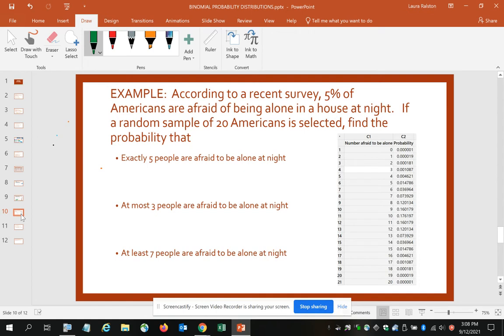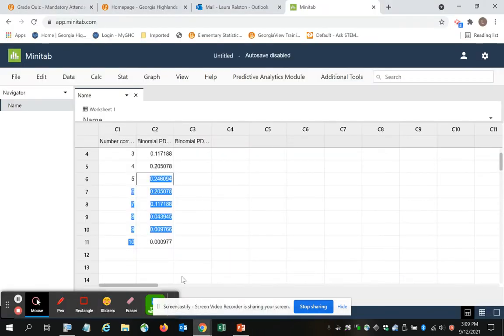All right, this one says, according to a recent survey, 5% of Americans are afraid of being alone in a house at night. If a random sample of 20 Americans is selected, find the probability that, and it gives this list. I've recreated the table here, but I want to walk you through Minitab one more time.